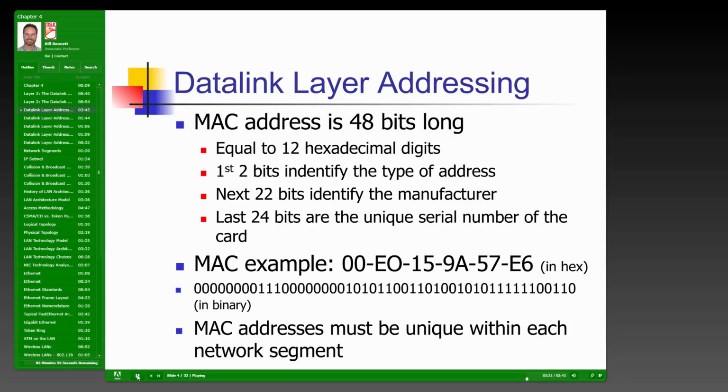It is possible, but most likely not going to be the case. The important thing is each individual device must have a unique address, just like a house must have a unique address on the street that it's on. Same thing with network interfaces. They have to have unique MAC addresses for the segment that they operate on.